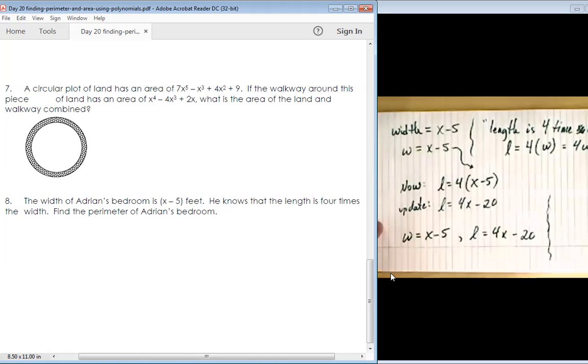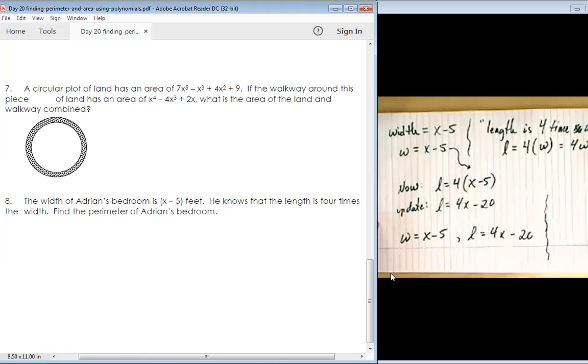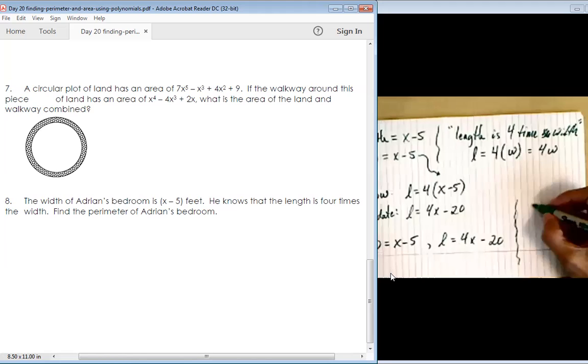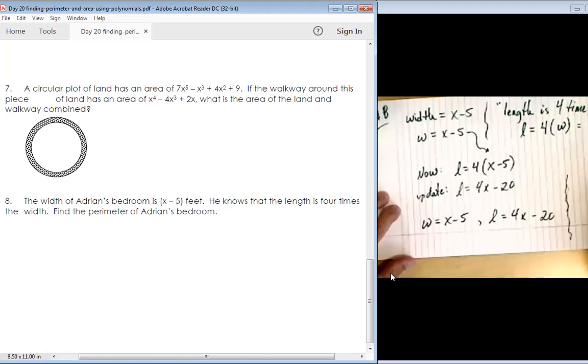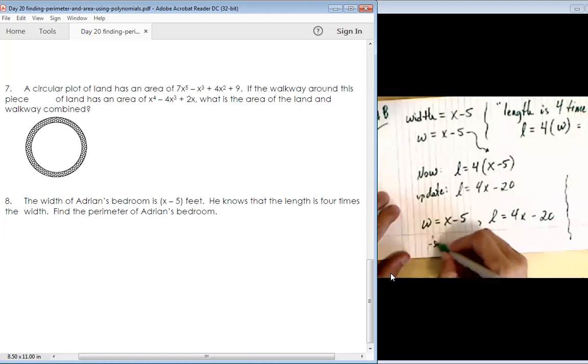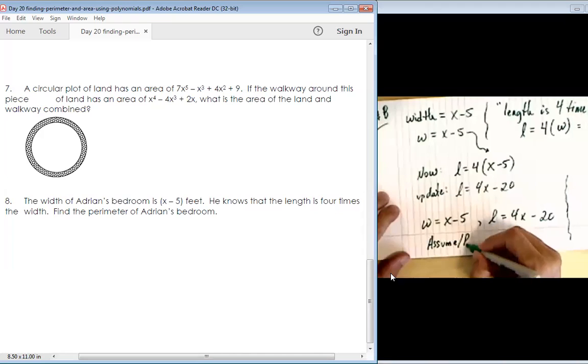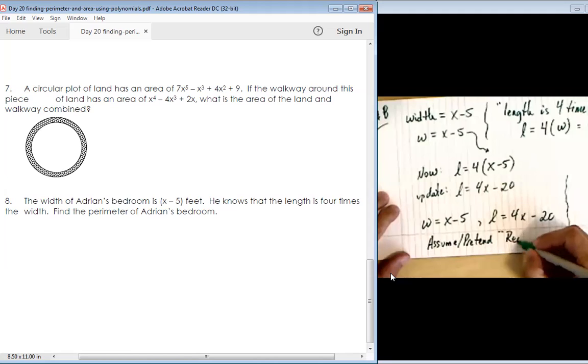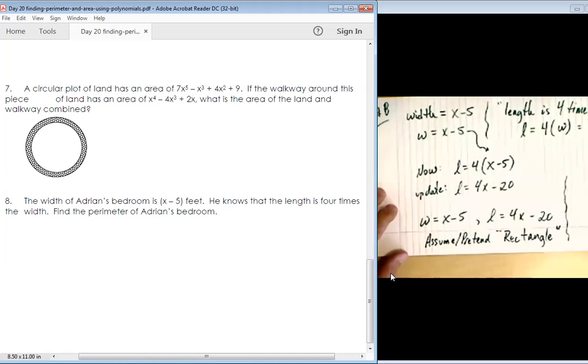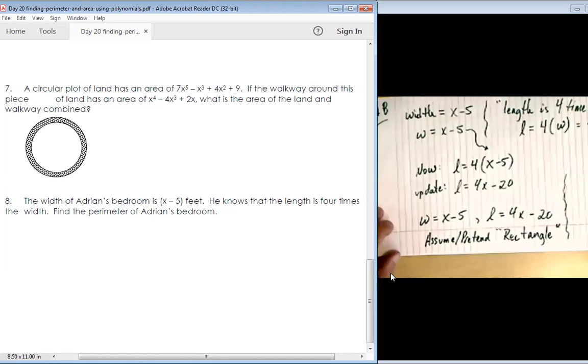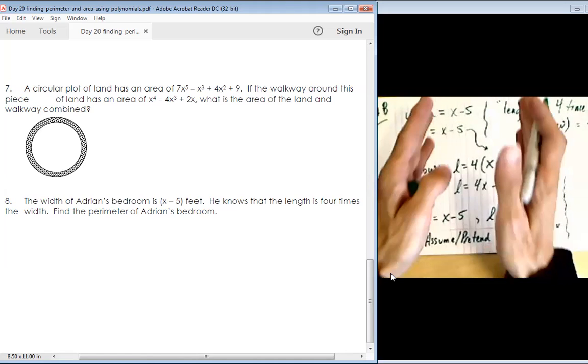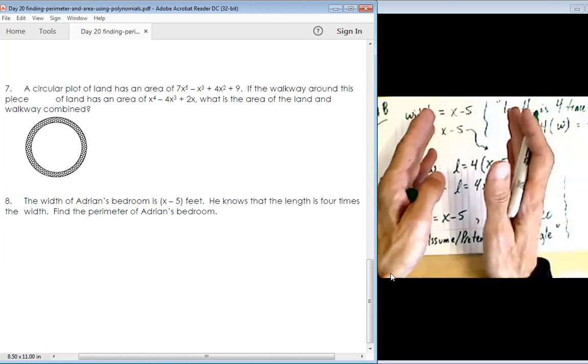But because we have length and width, it's going to be... I don't know how to say that. When things are the same distance apart from one another, like railroad tracks, they are parallel to one another.